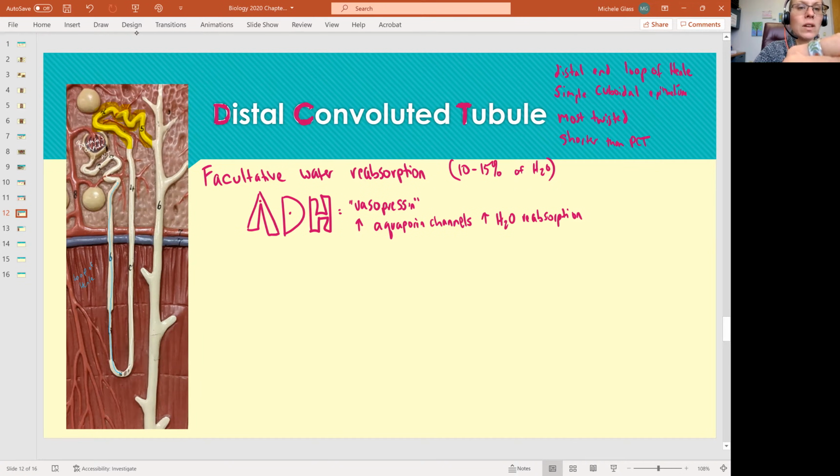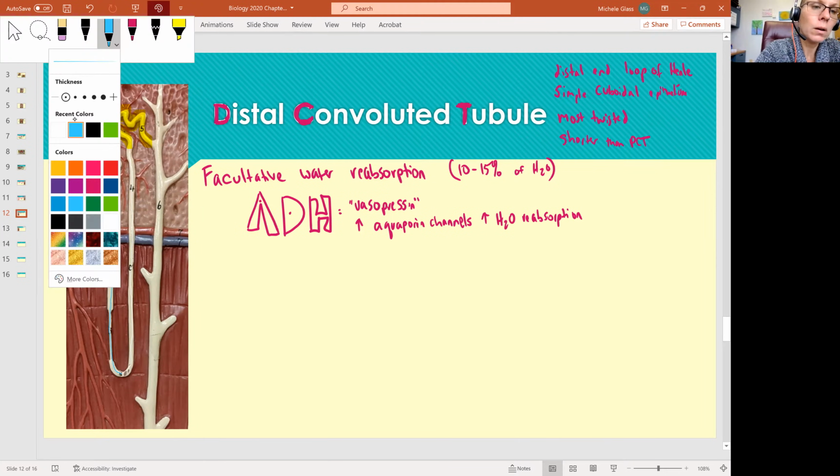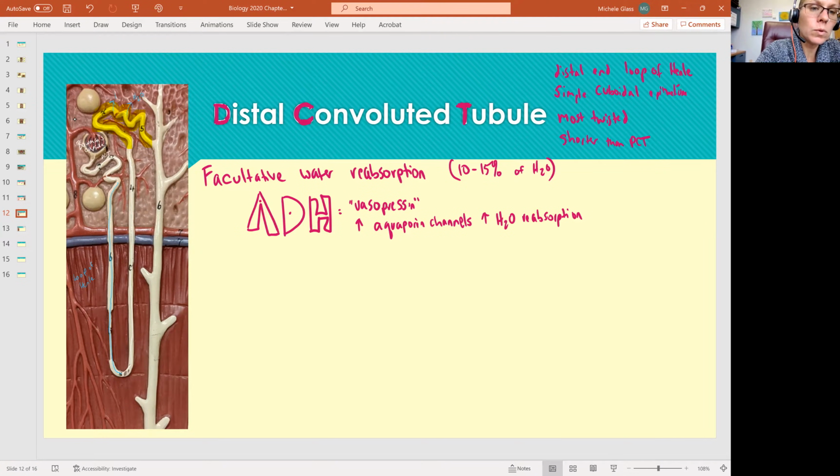So the water is then able to very easily leave the distal convoluted tubule, move into the bloodstream, and get reabsorbed. So when ADH is present, you have a lot of water reabsorption. If you don't have ADH present, then the aquaporin channels move out of the cell membrane and you don't have those big water channels.